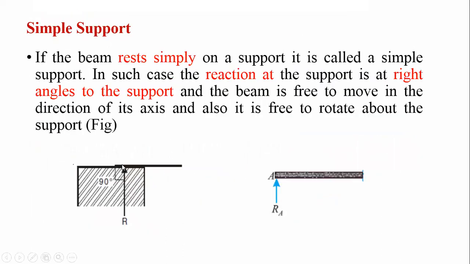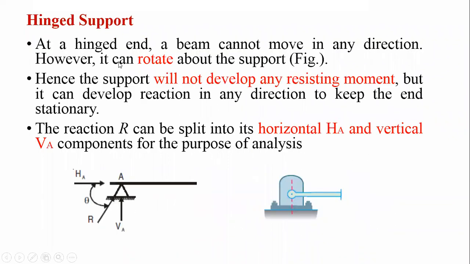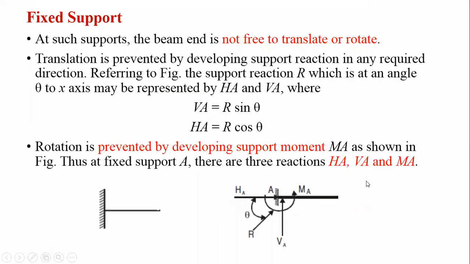For the simple support, there is only one reaction which is normal to the support. For the roller support, there is only one reaction which is also normal to the support. For the hinge support, there are only two reactions, one horizontal and one vertical. And for the fixed support, there are three unknown reactions: horizontal reaction, vertical reaction, and one resisting moment. These are the various types of supports.